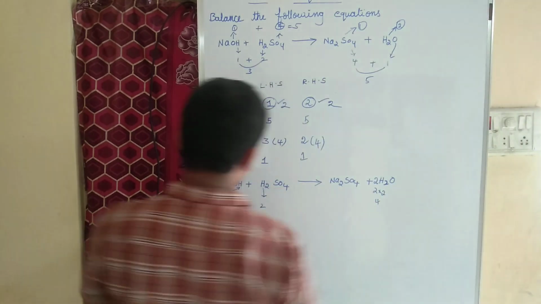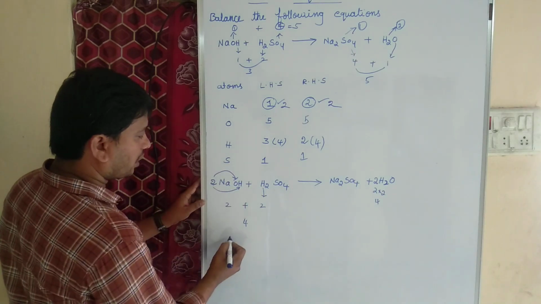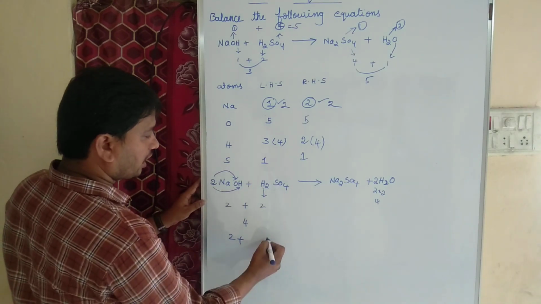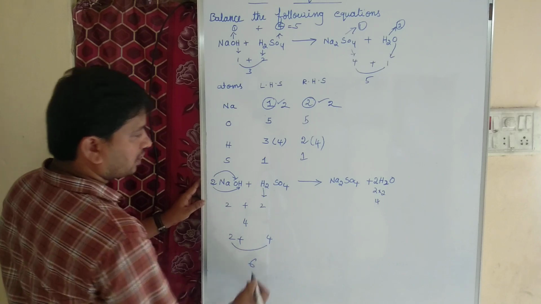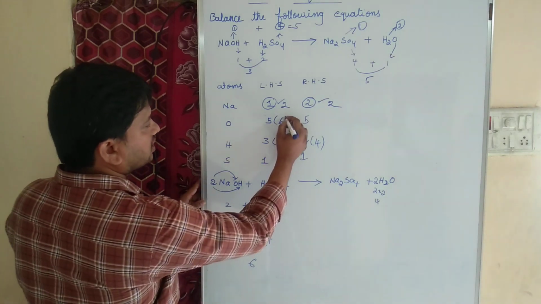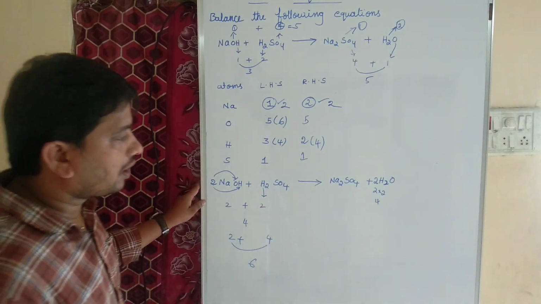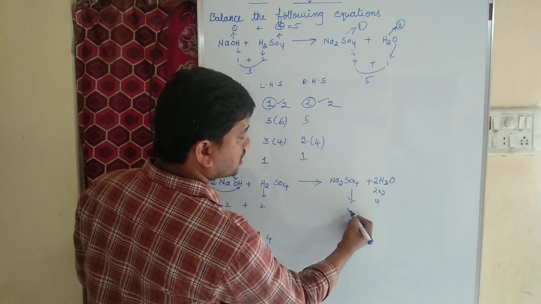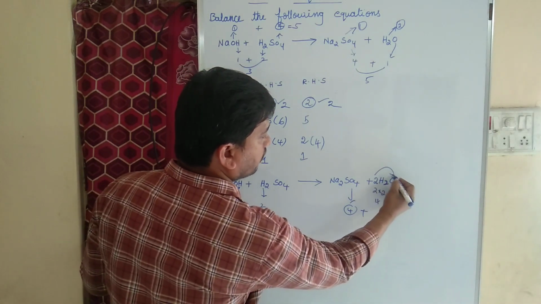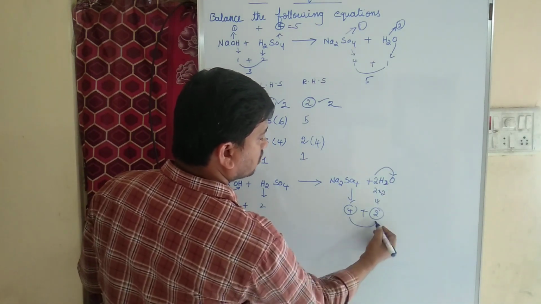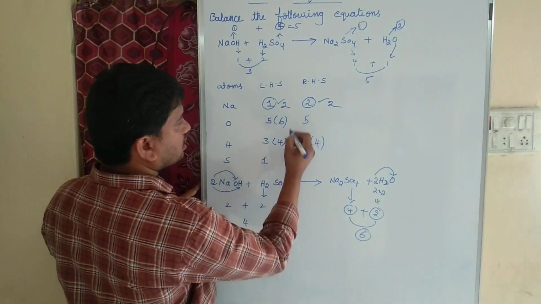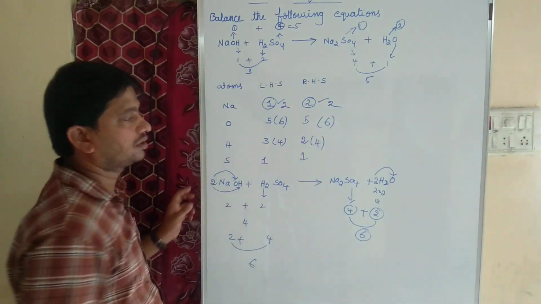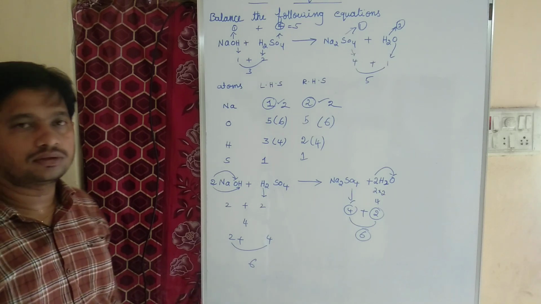Now coming to oxygen. See here, oxygen here we have 2 oxygen atoms and here we have 4 oxygen atoms. 2 plus 4, 6. On LHS we have 6. What about on RHS? Here we have 4 oxygen atoms plus also here we have 2 oxygen atoms. So 4 plus 2, that implies 6. See, everything got balanced.